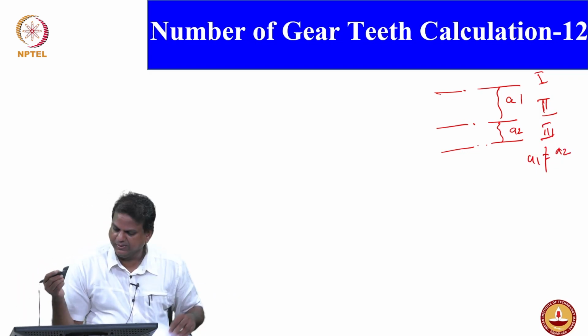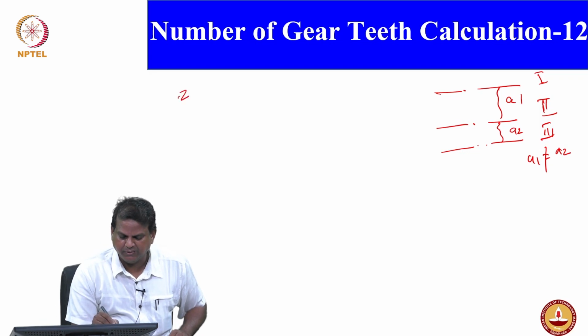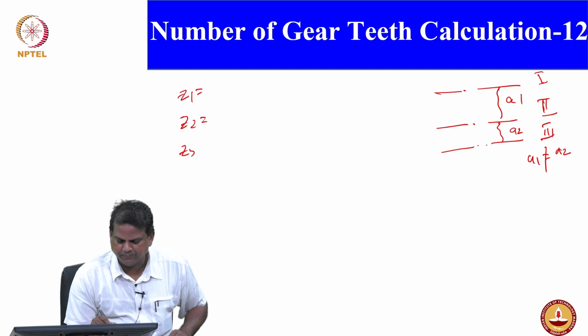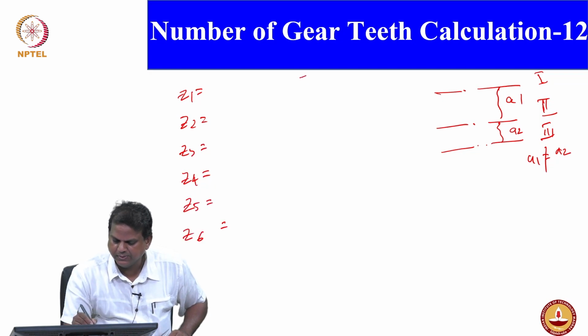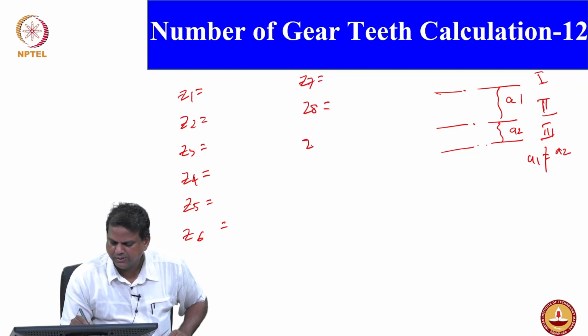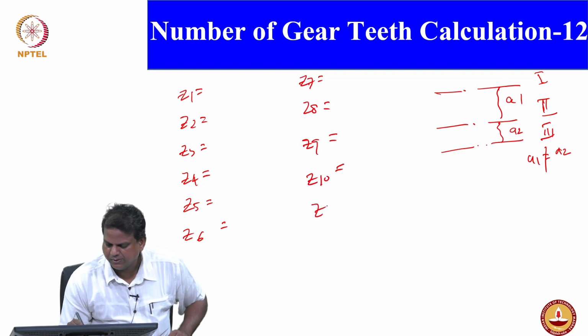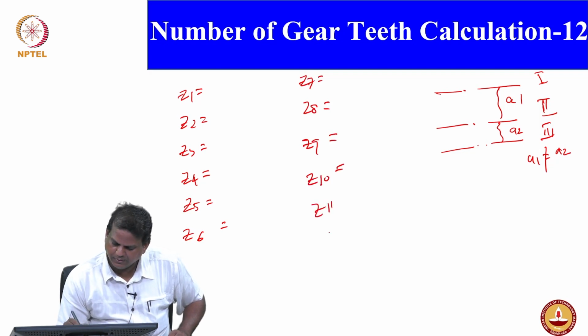So in fact, if you summarize the number of teeth, Z1 equal to what? Z2, Z3, Z4, okay, Z5, Z6, then Z7, 8, 9, 10, right, 11 and 12.